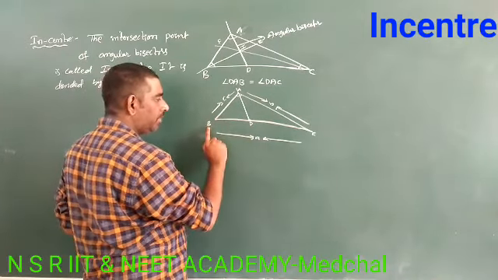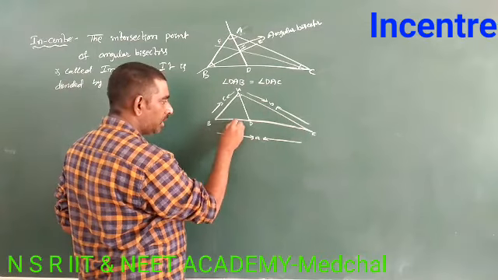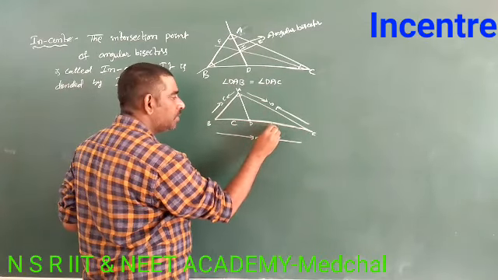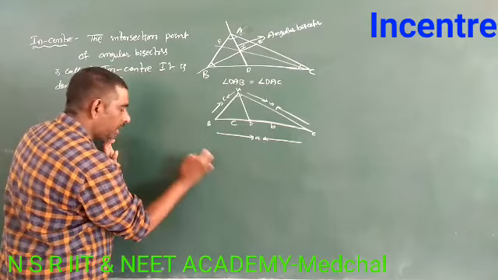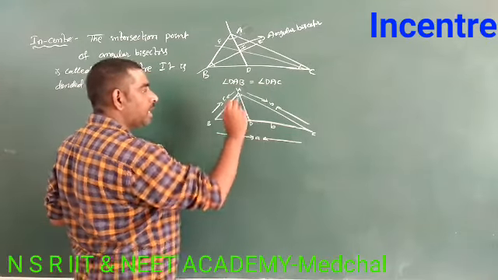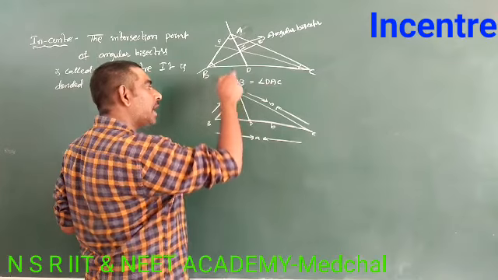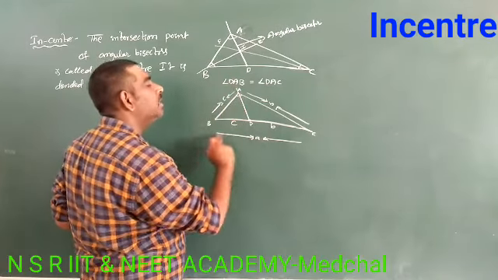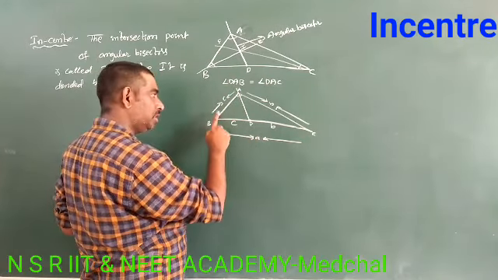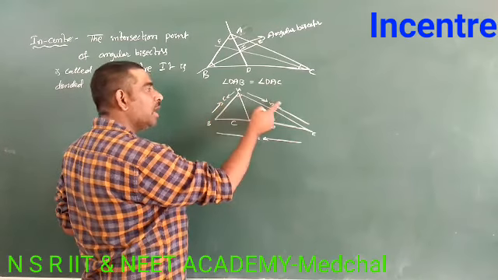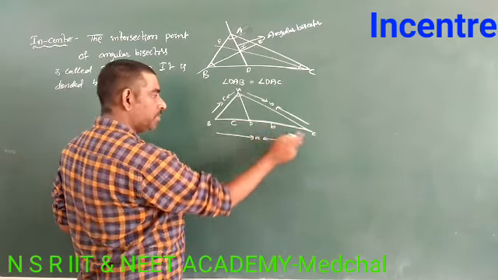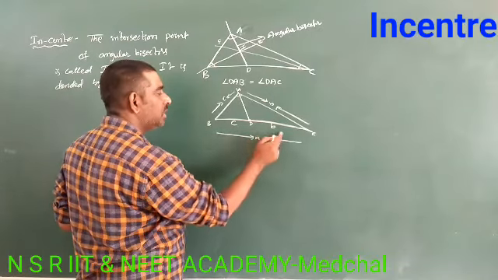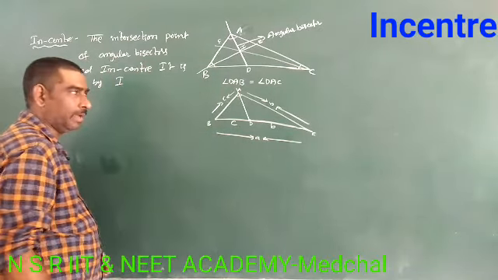Listen carefully, it's a very important point. So D divides BC in the ratio c is to b internally.